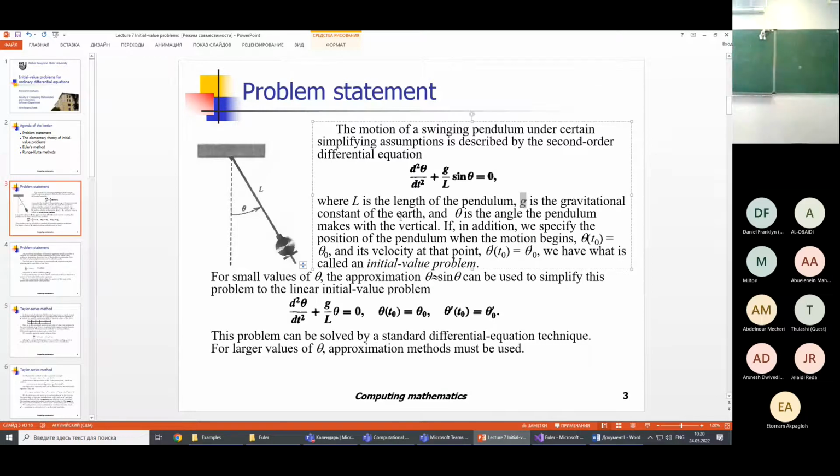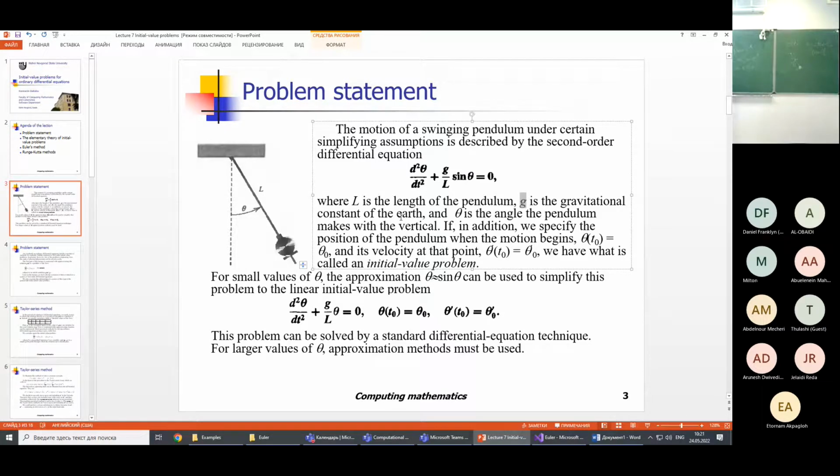Also, from mathematical analysis, we know that if the argument is small, then sin x approximately equals x when x is small.